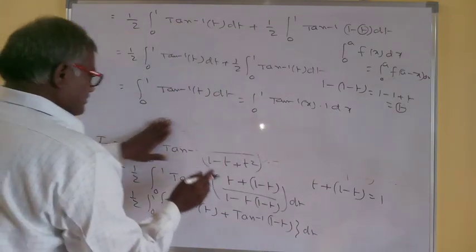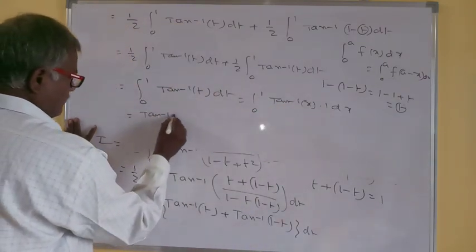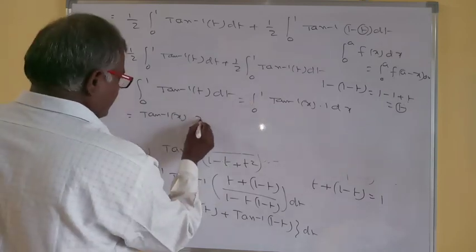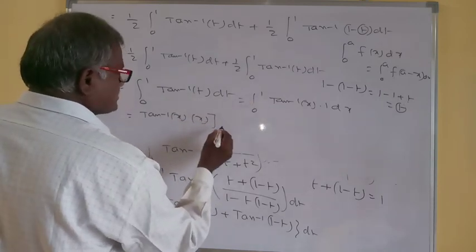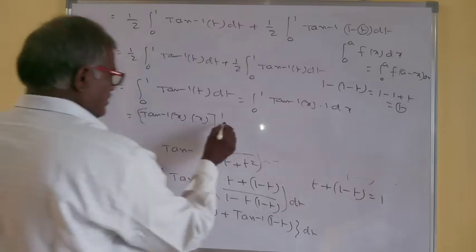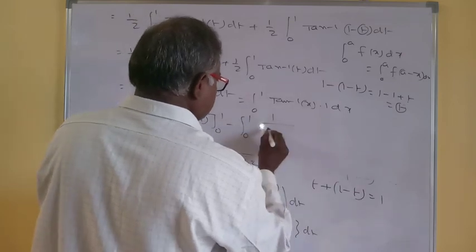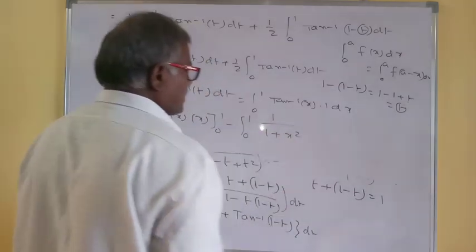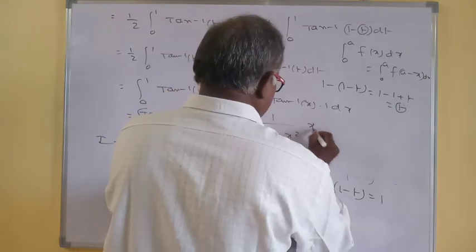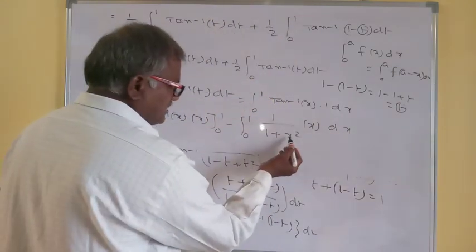So just apply integration by parts: first function into integral of second, x, total value from 0 to 1, minus integral 0 to 1 of derivative of the first, 1 by 1 plus x square, into x, dx.